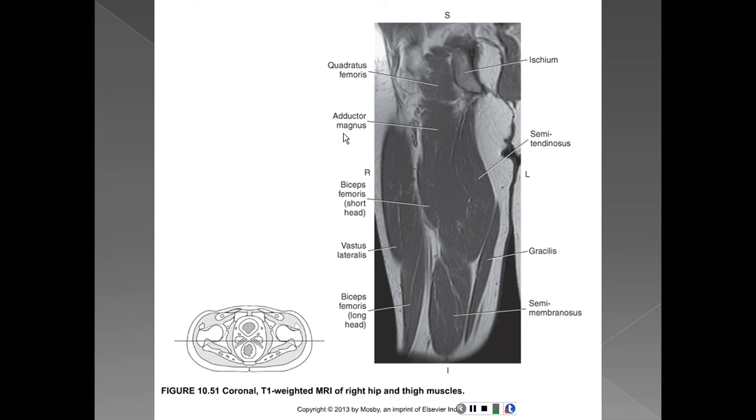Here's one of that group, the adductor magnus, right there. And we discussed a little bit about the pectineus muscle. So arising from the pectineal line of the pubis is the short, flat pectineus muscle. So that pectineus muscle is one of the muscles that is pulling on the pubic bone.